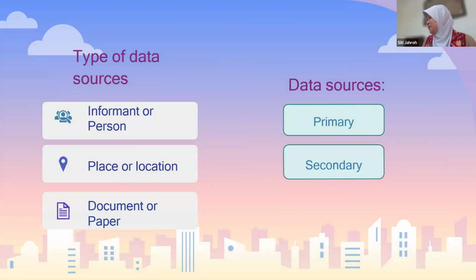Okay, so the type of data, for the data sources, there is the primary data and then the secondary data. Anyone would like to explain what the primary data is? What is the secondary data? Do you remember? Najla, are you there?